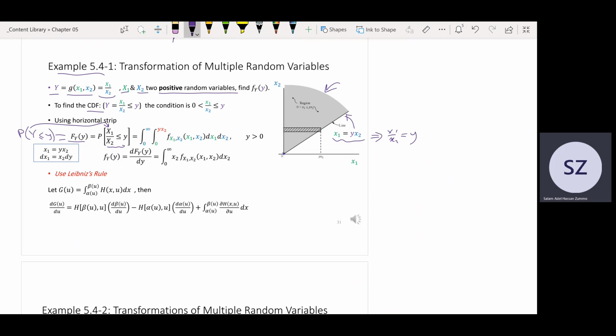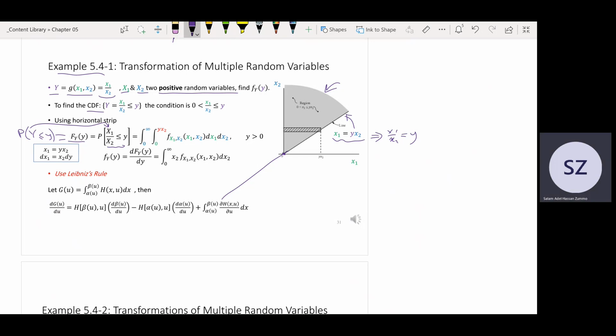And we only start from 0, 0 because they are positive random values. It's given. If it were not given as positive, you would draw the line all the way and integrate over the whole region. But since it says positive, we stop at 0. Clear? So now what are the limits of the integral? One of them you take from 0 to infinity, the other you take from the line.